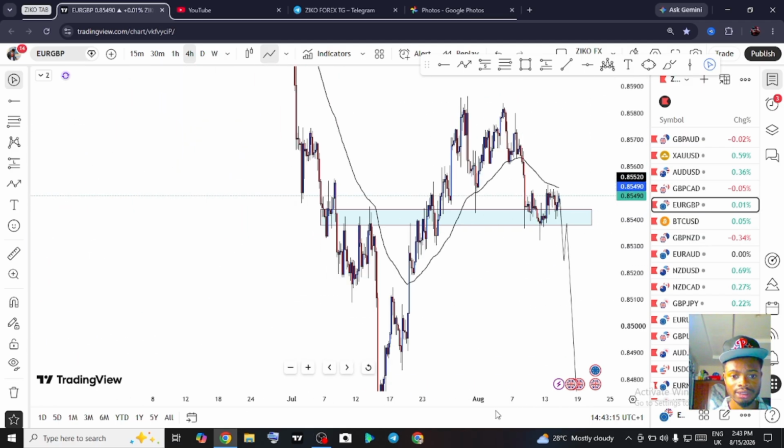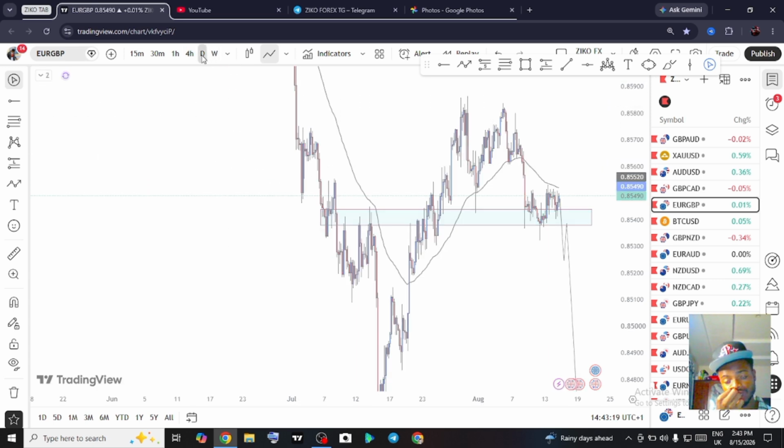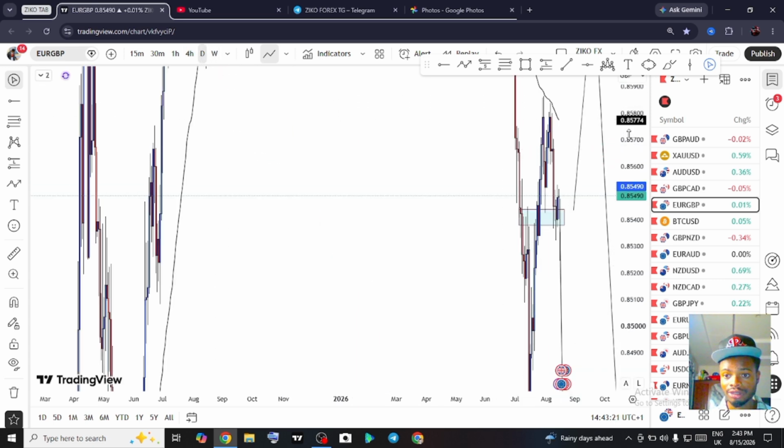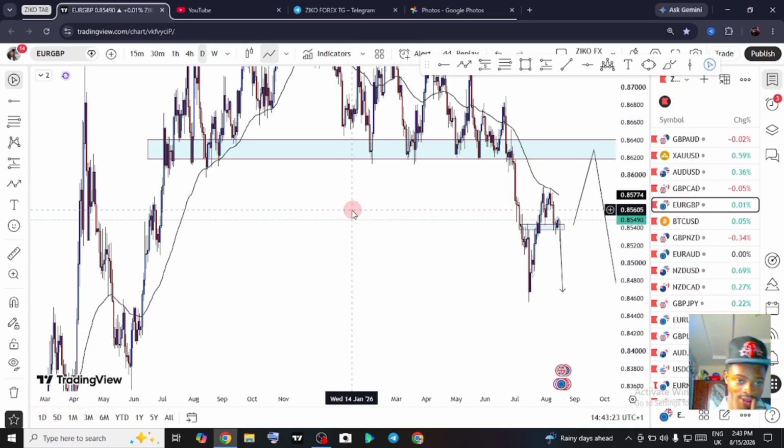Not really sure why I said that, but okay. Yeah, I remember from that area of interest. So those are the pairs I'm paying attention to for this week. Doesn't seem like this week has so many opportunities. Not really sure why. So that's pretty much it.